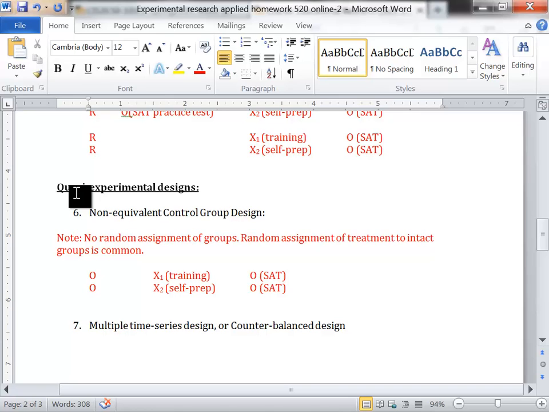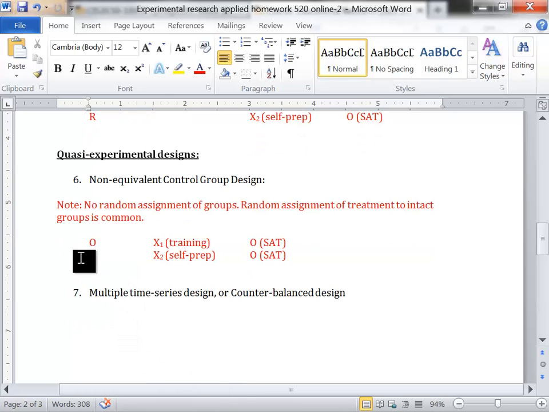So we have to use the groups that we have. What is common is that you can randomly assign the treatment to the individuals in those groups. So you could use your number table within a class to randomly select who will participate or who will get the training and who won't, who will have to prepare themselves. So that does provide some level of randomization, but not at the selection of participants.